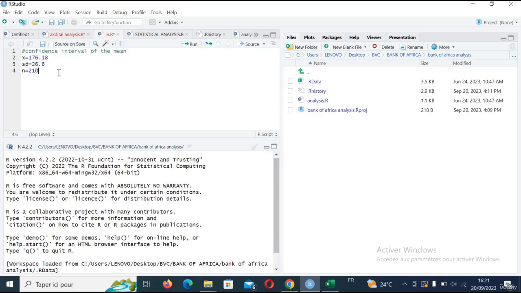For the quantile, we have 95%, which means it's bilateral. So we have u, the normal law, with the quantile 1 minus alpha divided by 2. Alpha is the other extreme: 0.95 is 95%, and the other one is 0.05. We divide it by 2, 0.05 divided by 2 is 0.025, multiplied by the standard deviation divided by the square root of n, which is 210.